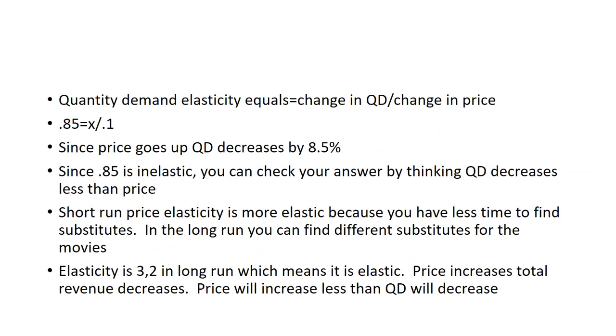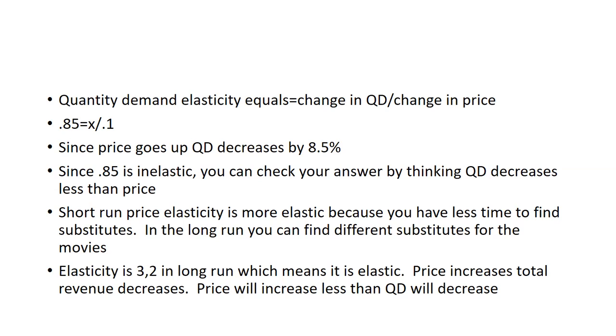What direction and by how much would quantity demanded change? So the formula is elasticity equals percent change in quantity demanded over percent change in price. So 0.85 equals X divided by 0.1. When you cross multiply, it gets to 8.5%.